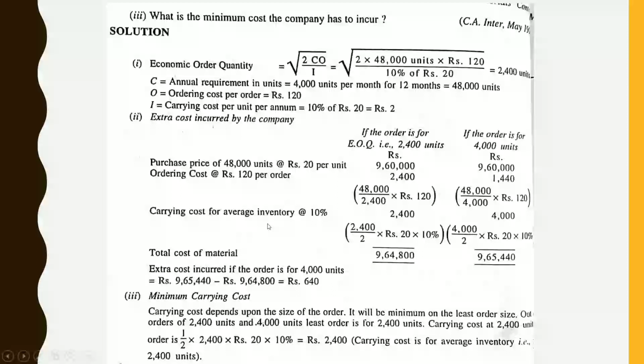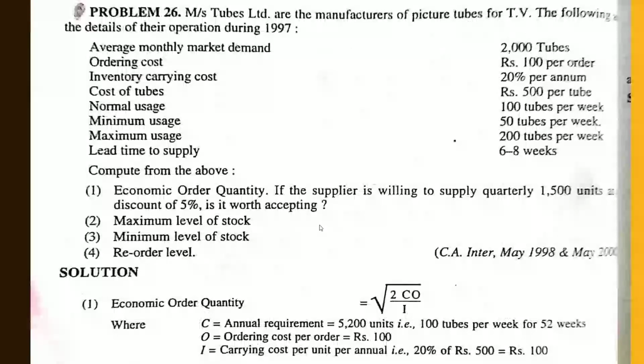So if not, we shall proceed to the next question, this one. So you see here, Messrs. Tube Limited are the manufacturer of picture tubes for TV, and the following are the details of their operation during 1997.